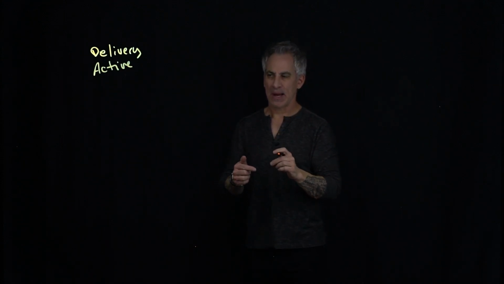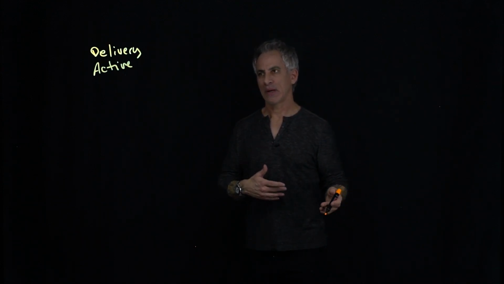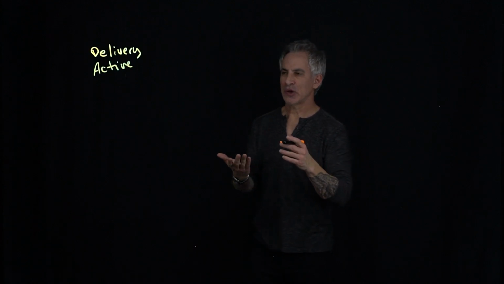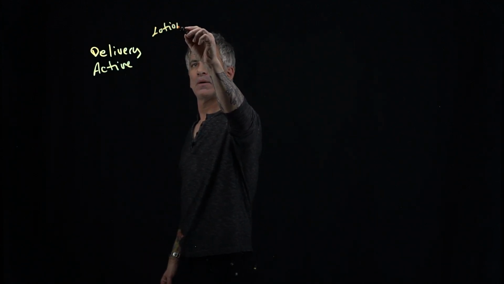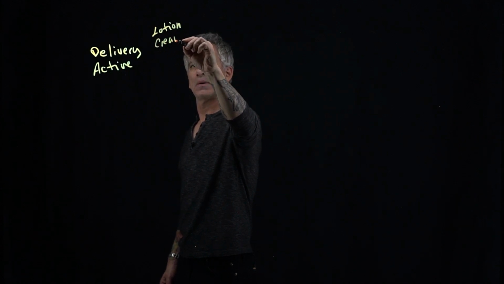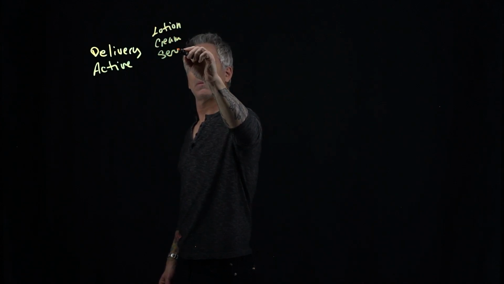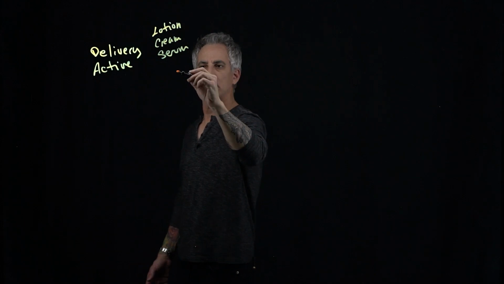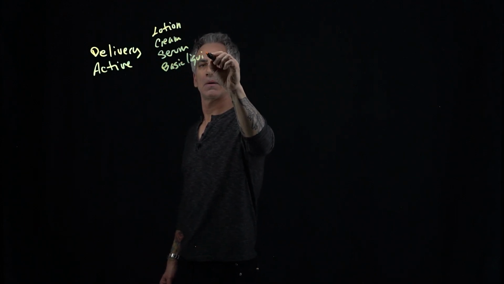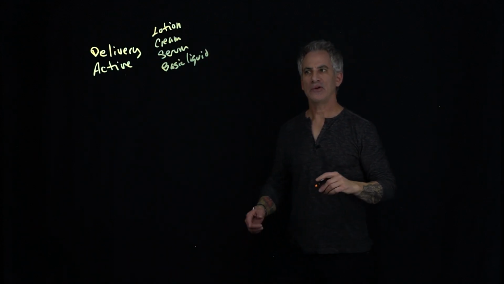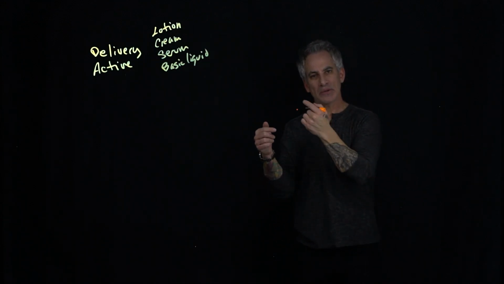So if I have a product within the line, and I want to develop another product, I'm first going to determine, is it a lotion, cream, a serum, or a basic liquid? And do I have a product that resembles it?